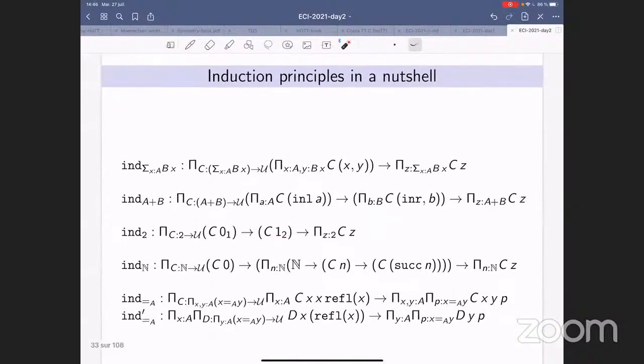Now, let me summarize, because I have a summary here. So here are all the induction principles that we have so far: the ones for sigma types, co-products, Booleans, natural numbers, and identity types.